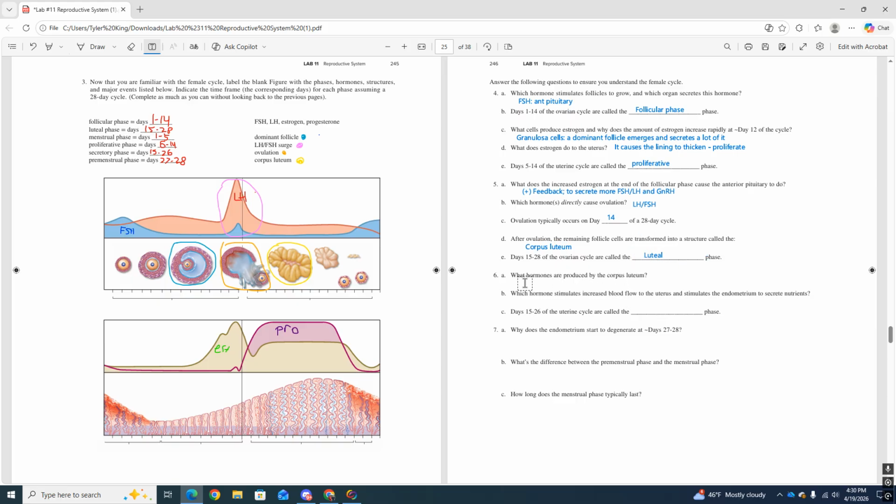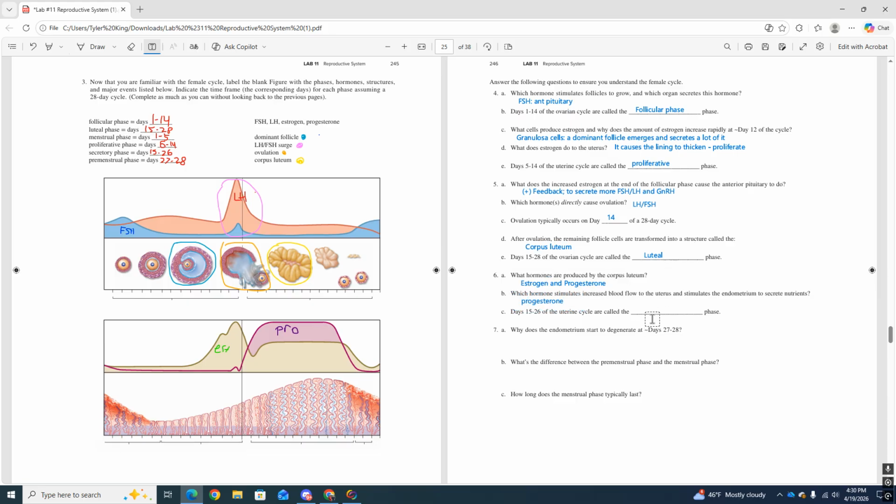What hormones are produced by the corpus luteum? A strong amount of estrogen and progesterone, okay? Which hormone stimulates increased blood flow to the uterus and stimulates the endometrium to secrete nutrients, guys, all right? This is going to be progesterone. All right.